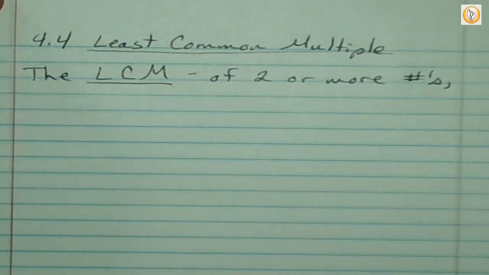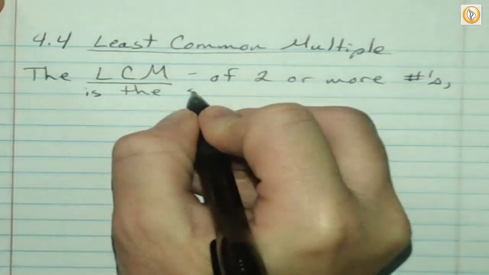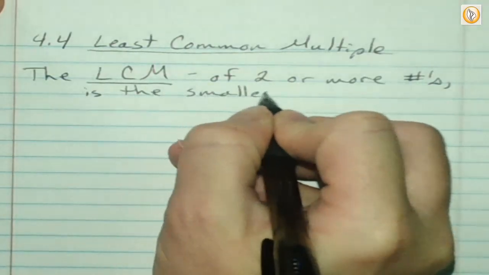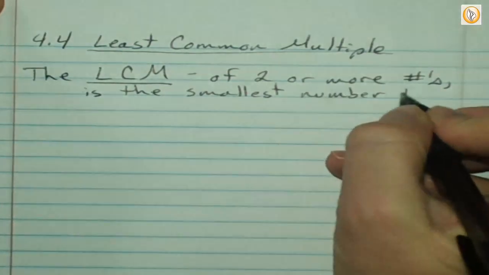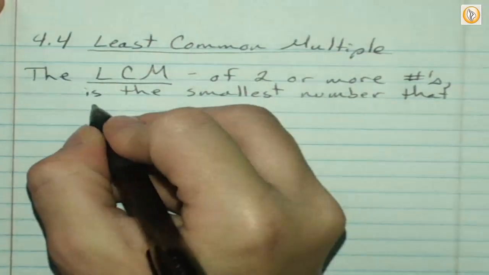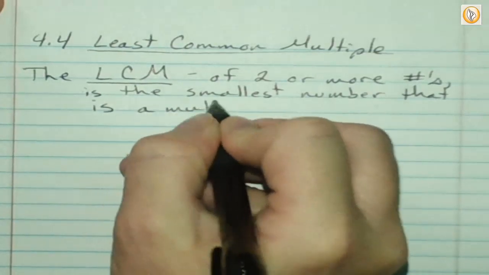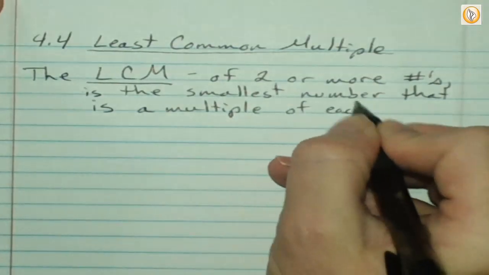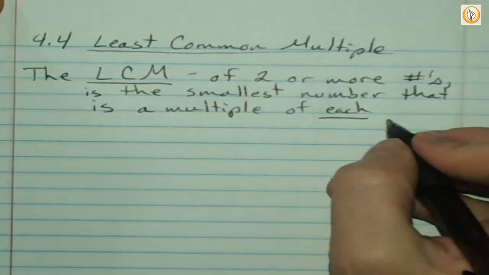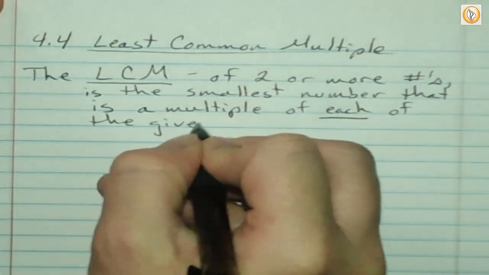Okay, least common multiple, of 2 or more numbers, is the smallest number that is a multiple of each of the given numbers.